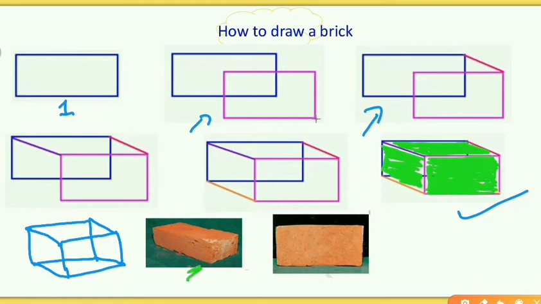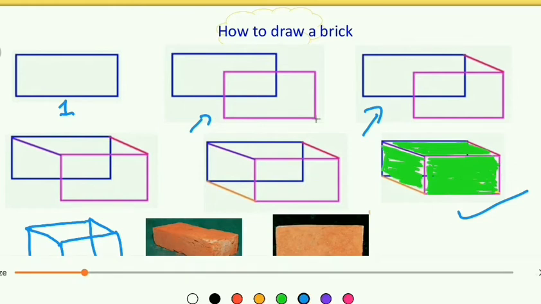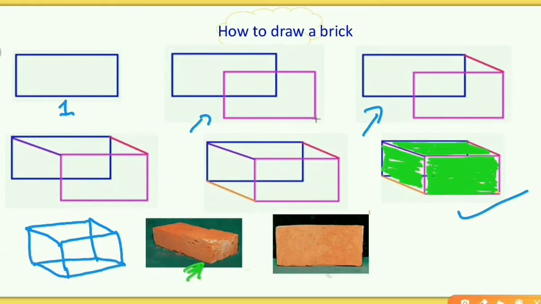Here in the first figure, this figure is similar to this. So here you will see it is possible to see how many? 1, 2, 3 faces only. In a brick, it is possible to see 3 faces only if you are viewing the brick from this position.